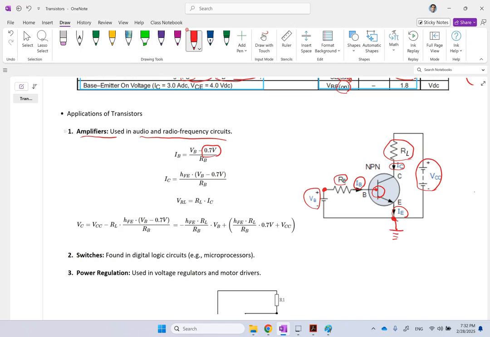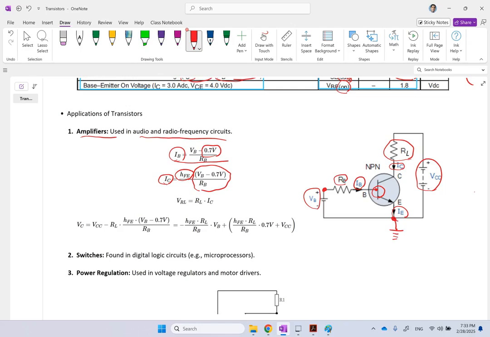Here 0.7 is used, but we can say 0.6. So VB minus 0.7 divided by RB, that's Ohm's law, is equal to IB, the current for the base. Now the current for the collector, IC, remember IC is beta times IB, and beta here we also call HFE. So IC is beta times IB.